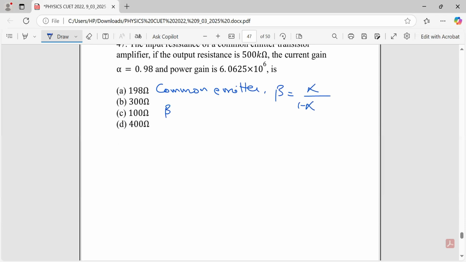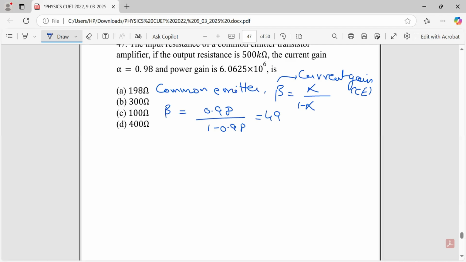So beta can be calculated as 0.98 upon 1 minus 0.98, and this answer comes to be 49. This is called the current gain for common emitter, right? For common emitter, the current gain is equal to this. This you have got now.